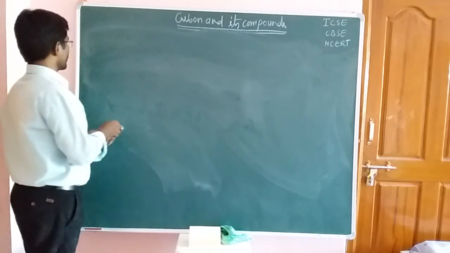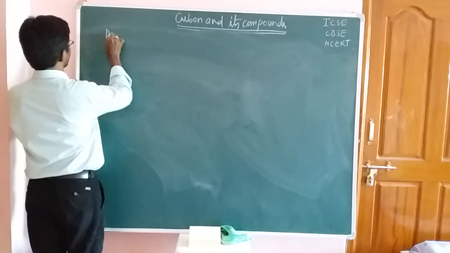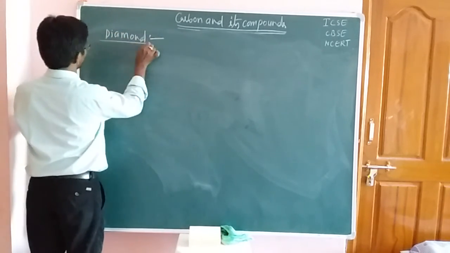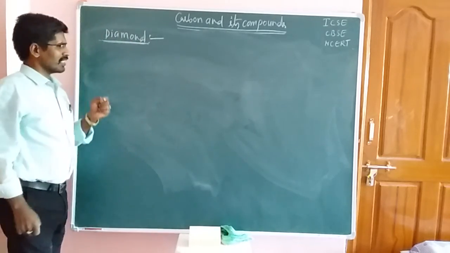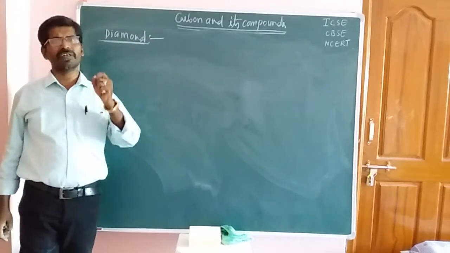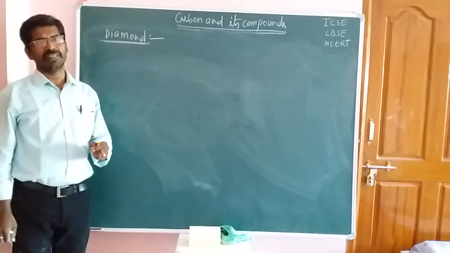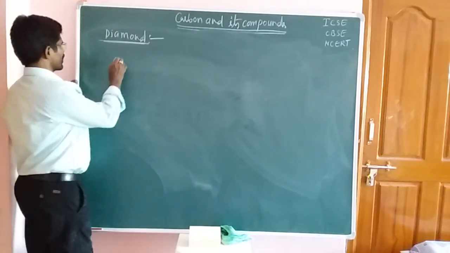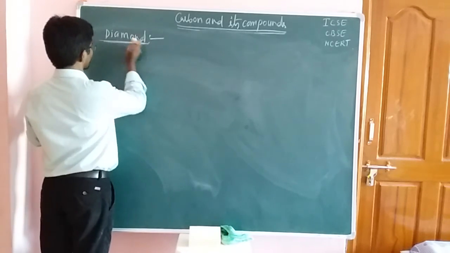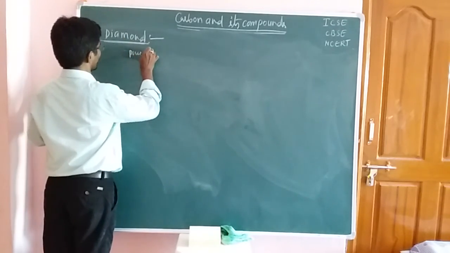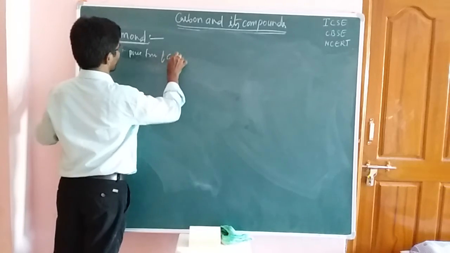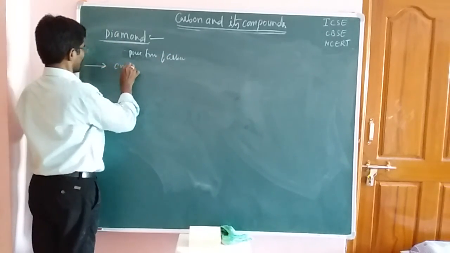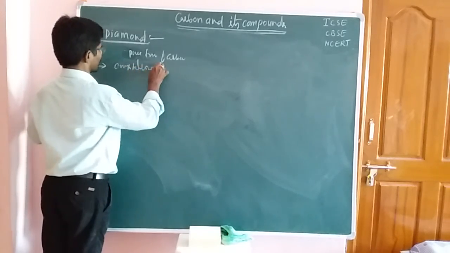Okay, students. First one, diamond. Diamond is the purest form of the carbon element. First condition, diamond is the purest form of carbon. Okay, students.